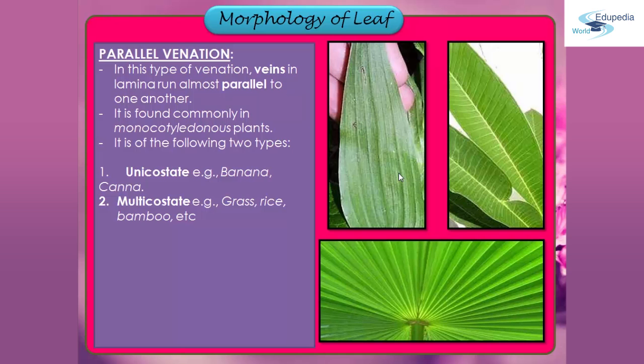It is of the following two types. First is unicostate, which is found in banana and canna. And another is multicostate, which is found in grass, rice and bamboo, etc.